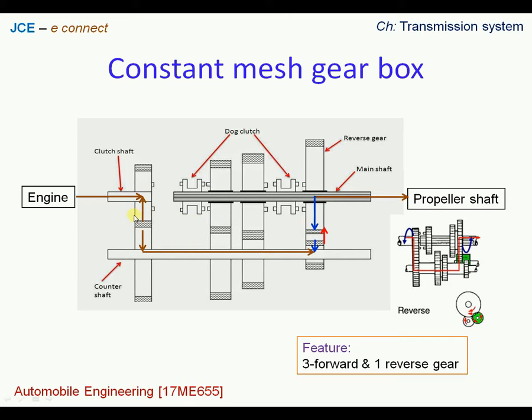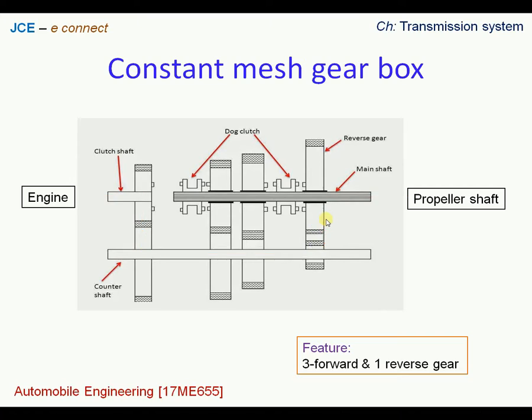And then we see that the clockwise rotation of the clutch gear is completely different when it comes to the main shaft rotation. It is in the anti-clockwise direction. Thereby the vehicle is going to back off. So this is about the working process of the constant mesh gearbox.